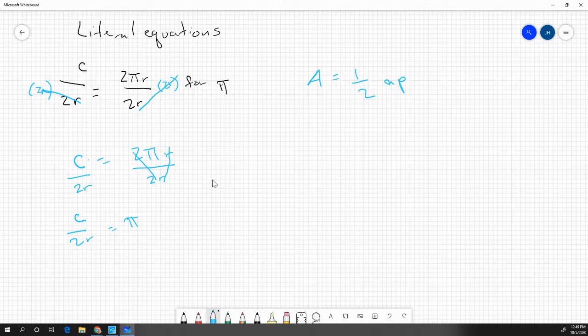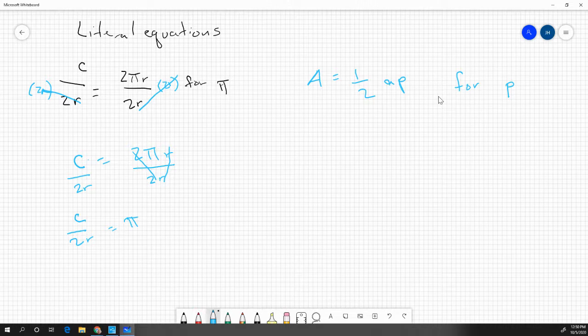This is the formula for the area of a triangle. And what we're going to be solving for in this one is P, right? We want that P isolated. We want it all by itself on one side. This P, we need to take everything off of it and move it to the other side so that we have P equals something.